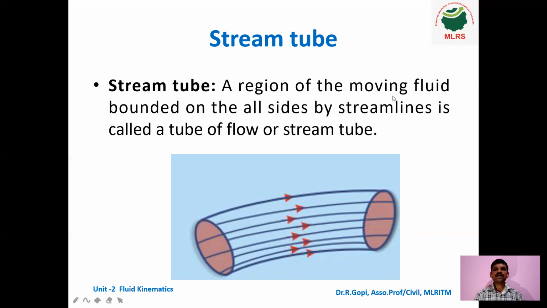A region of the moving fluid bounded on all sides by streamlines is called a tube of flow or stream tube. Another name is tube of flow or stream tube.